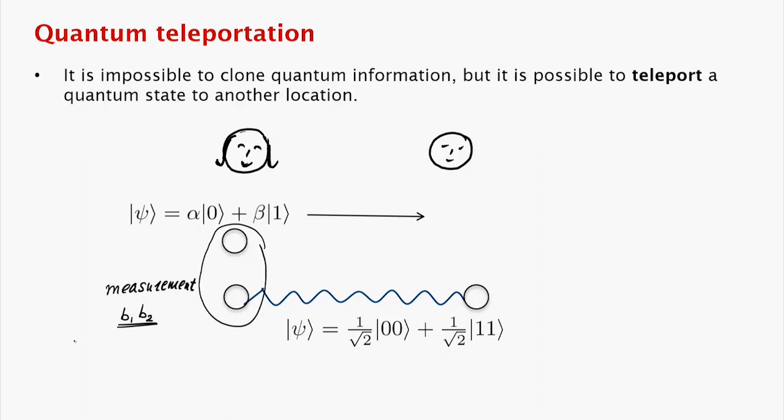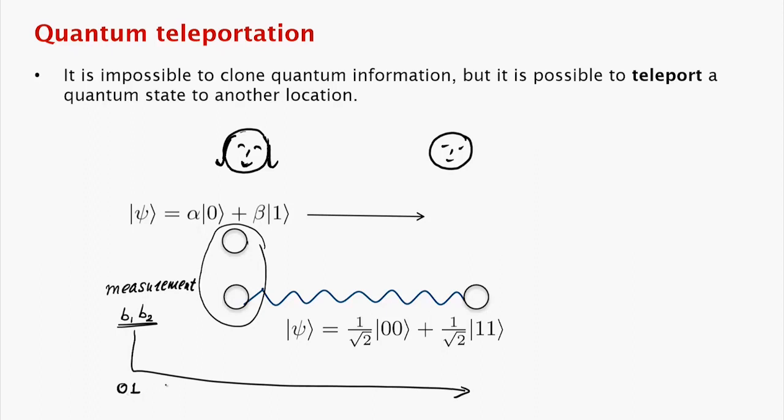Now, in the process, it seems as though her qubit has been destroyed. But what she does now is she picks up the phone and calls up Bob and tells him what these two classical bits are, B1 and B2. So maybe B1 equal to 0 and B2 equal to 1. So she calls up Bob and tells him 0, 1.